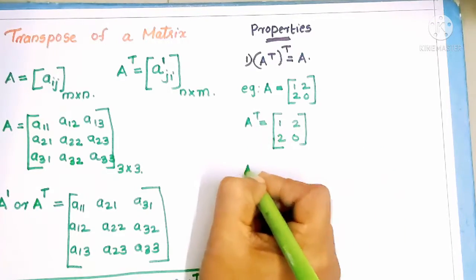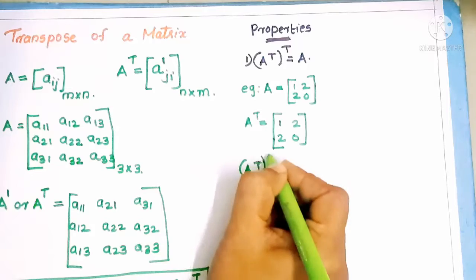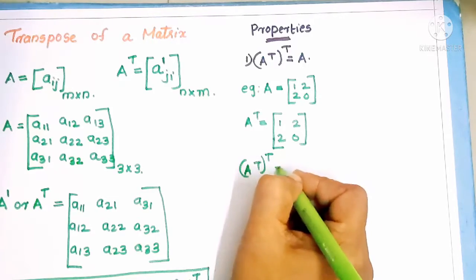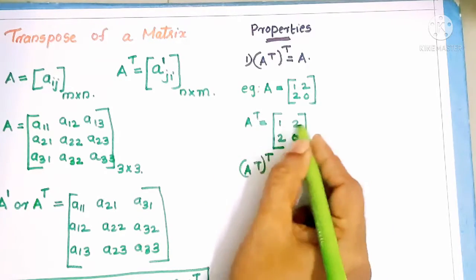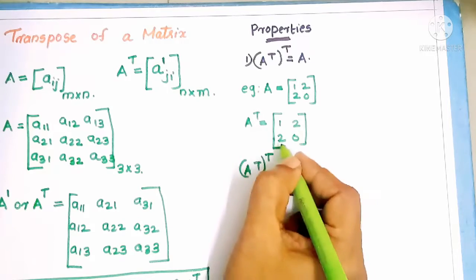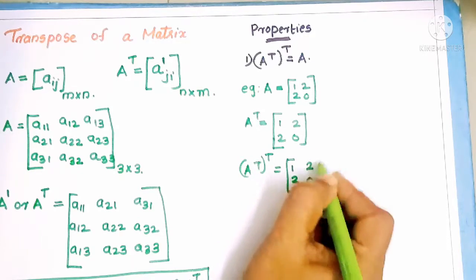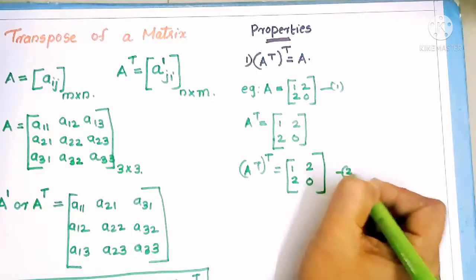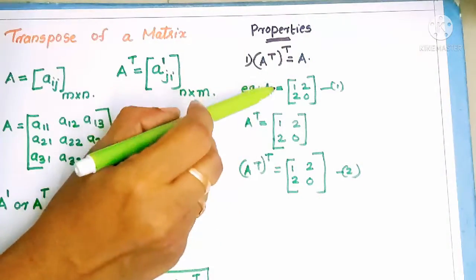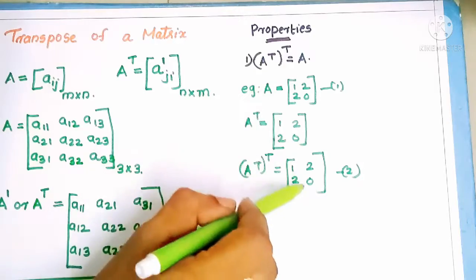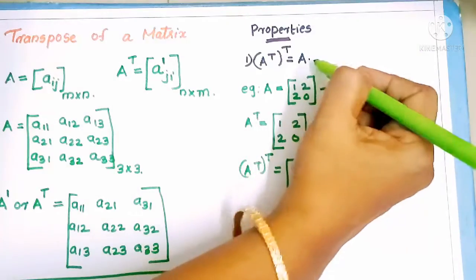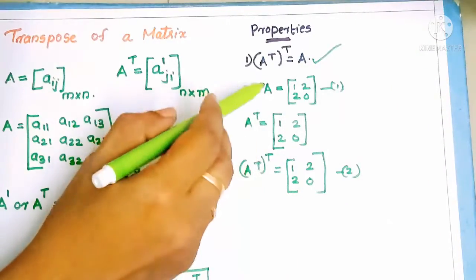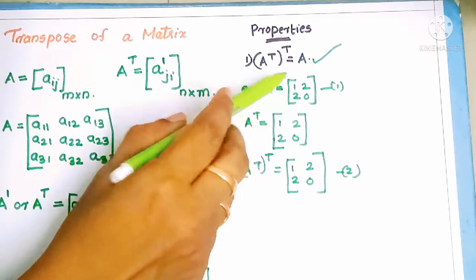Again find the transpose of this A transpose, that is (A transpose) the whole transpose. It should be equal to, rows become columns, [1, 2; 2, 0]. This is equation number 1. This is equation number 2. If you compare these two matrices, both are equal. So we can say (A transpose) the whole transpose equals matrix A.